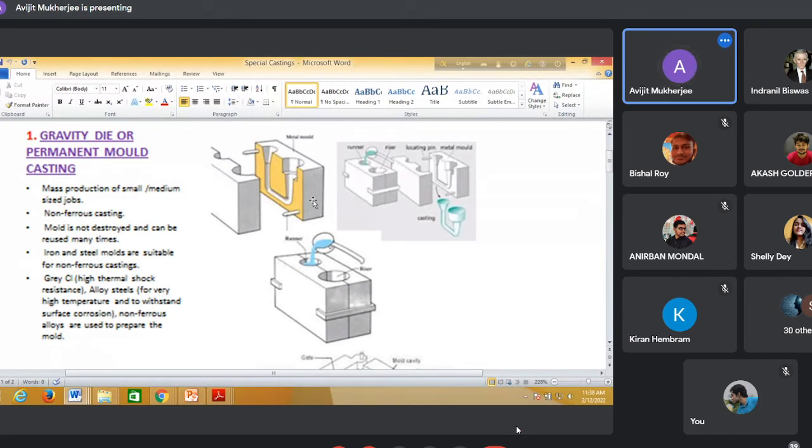And beauty of this technique is, say this is one half of the mold, another half. So here I must have some gate, riser, runner. So what is again gate, riser, runner?